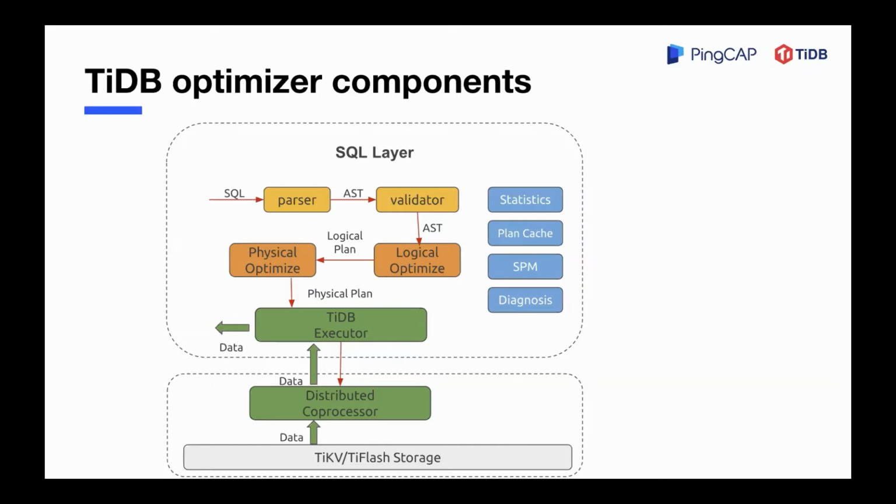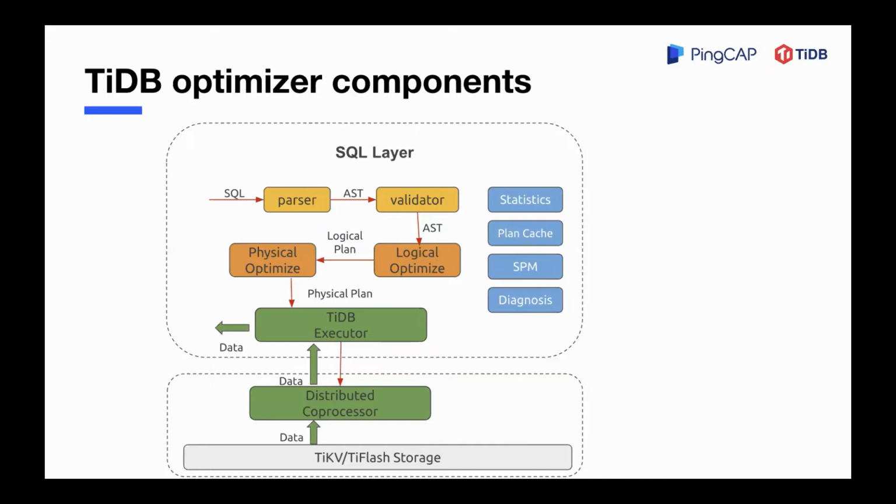Here, you may notice that besides the general flow, we do have statistics, a plan cache, SPM, and diagnosis components in the SQL layer. Those are very important parts. I will talk about that later. You may also notice that the TiDB query executor will assign the subplan to the TiDB storage engine.